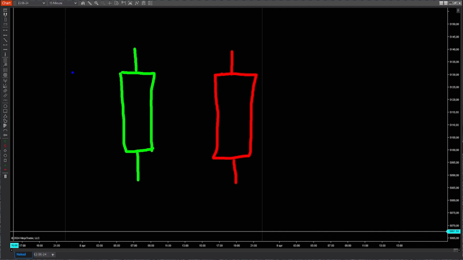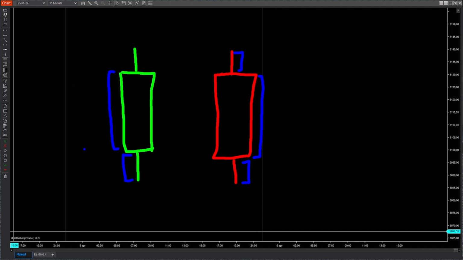Each candlestick is made out of a few components, which is this body and these wicks. Same here, a body and two wicks. Sometimes you have one wick, sometimes you have no wicks at all.